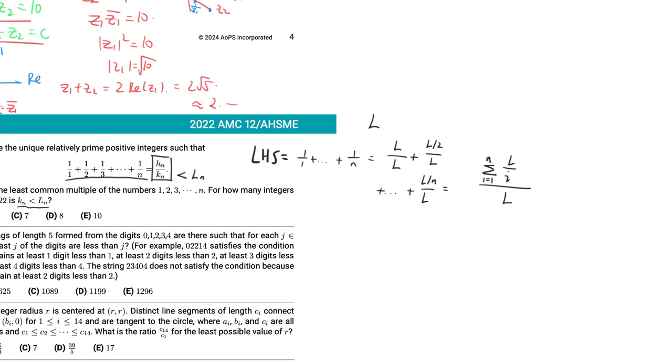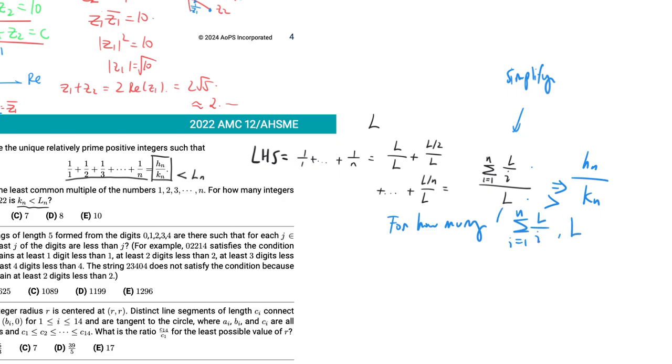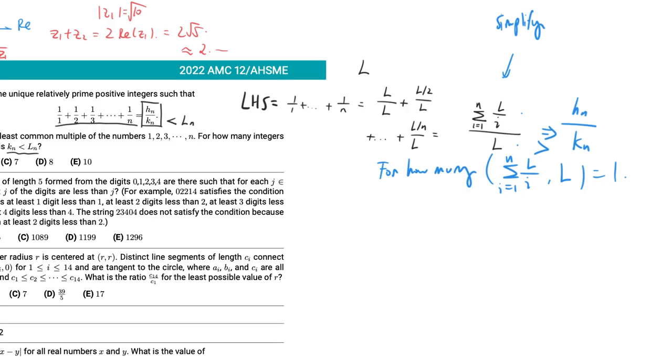If we can simplify this, then that means we take a factor off of each, and the resulting k would be less than L. On the other hand, if this is not simplifiable, or they are already coprime, then this k of n would still be this L. So in other words, we're trying to know for how many integers is the numerator coprime to the denominator. And that is essentially what we're trying to look at.